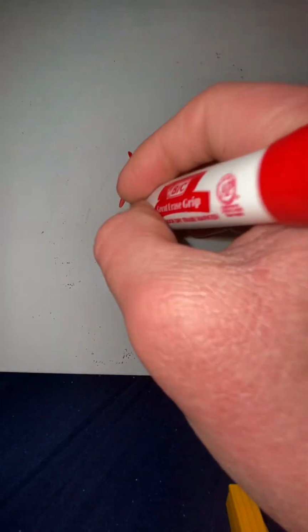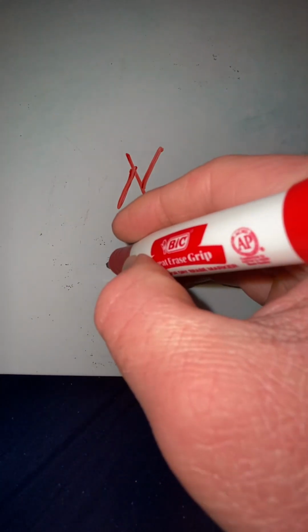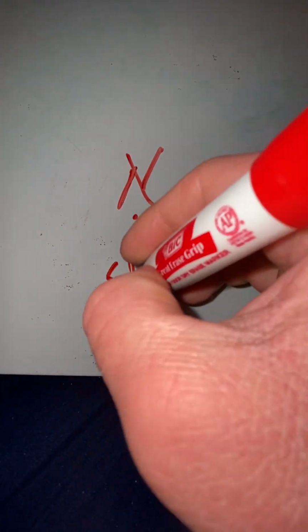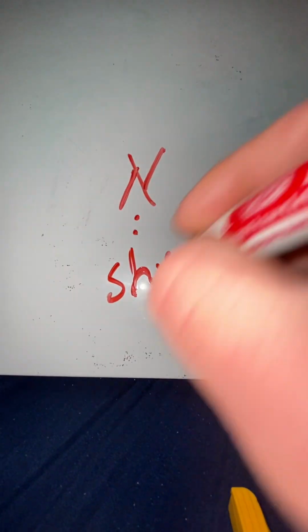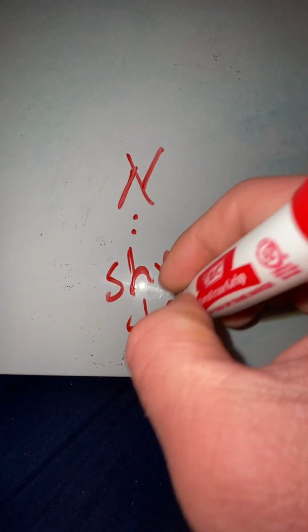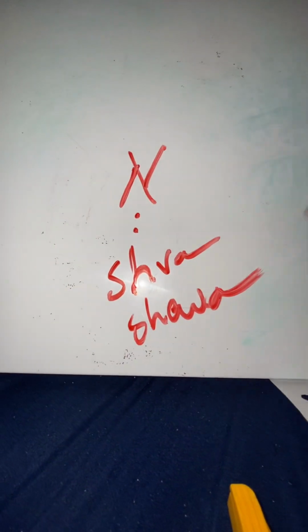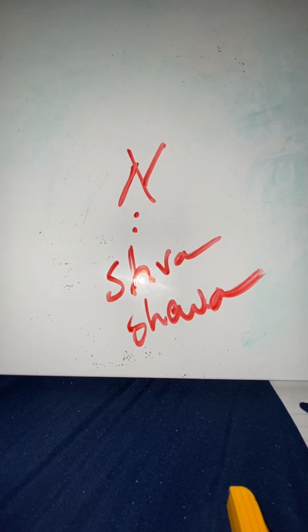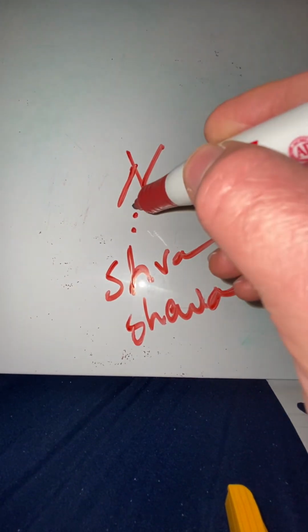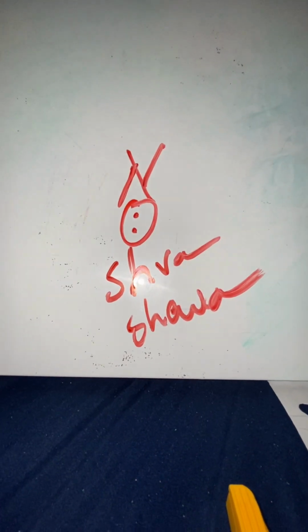I'll save those for last. But you also have schwa. It's vertical 2 dots. I've heard it called schwa or shva, you know, a couple different ways. But it's basically this here, underneath the letter.